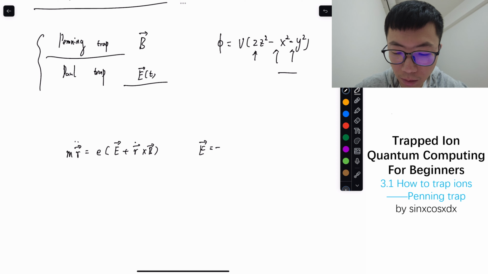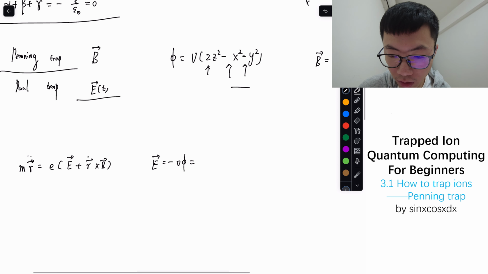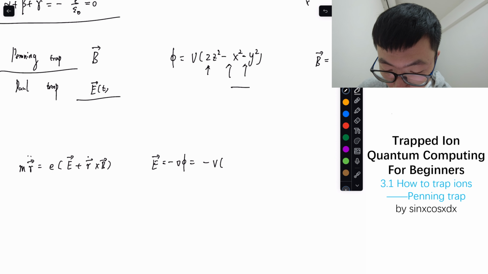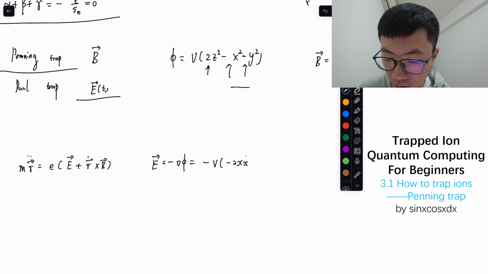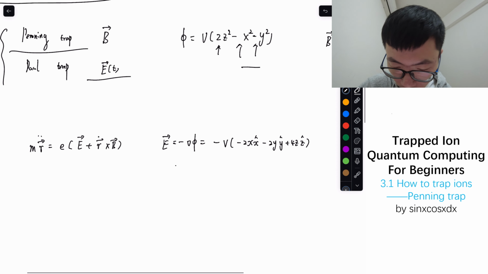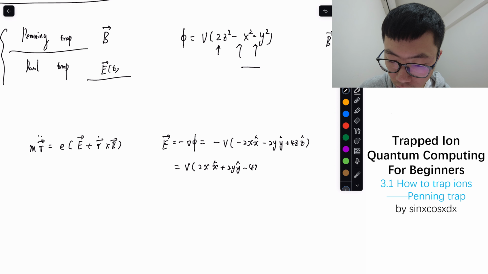The electric field is minus the gradient of the potential: minus 2x, minus 2y, plus 4z, and then it equals 2x, 2y, minus 4z.